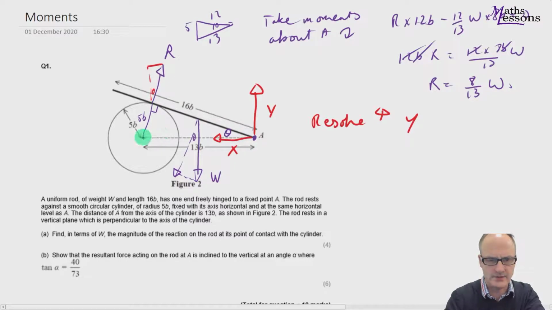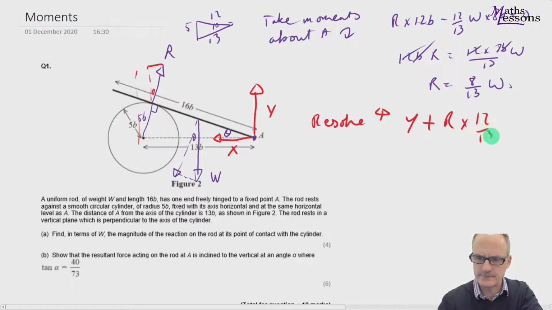There's 90 minus theta, so the angle between this and the vertical is going to be theta. So the vertical component of R is going to be cos theta lots of R. So we've got Y plus R cos theta, and cos theta in this case was 12 over 13. And that will be equal to all the forces going down, which is just going to be W.